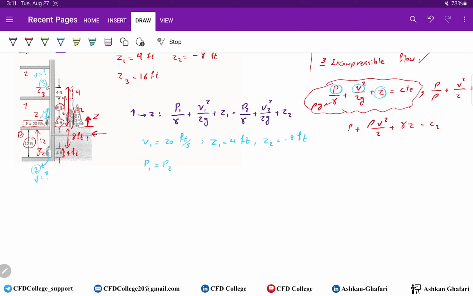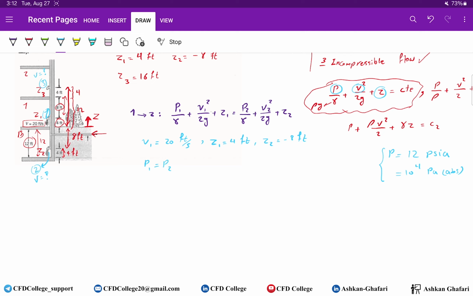And you know, in fluid mechanics 1, we always work with gauge pressure unless it is specified. For example, if we are told that the pressure is 12 psi absolute, or for example 10 to the power 4 Pascal absolute, it means that we should work with absolute pressure.